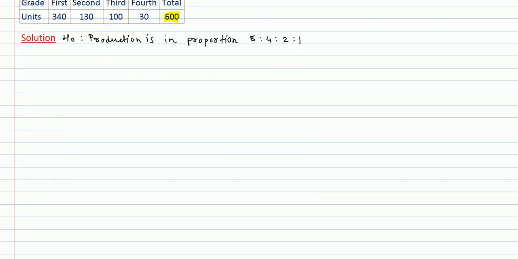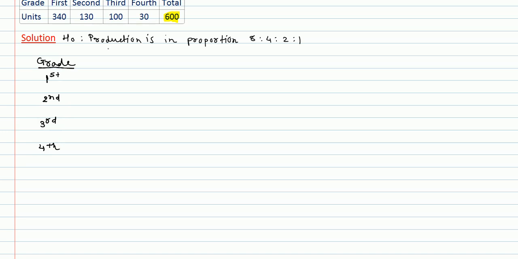Now we have to prepare a table. First, our first column is grade. Okay. Now, first grade, then we have to leave a line, then second grade, third grade, and fourth grade.